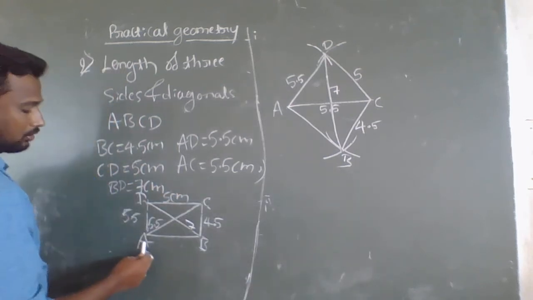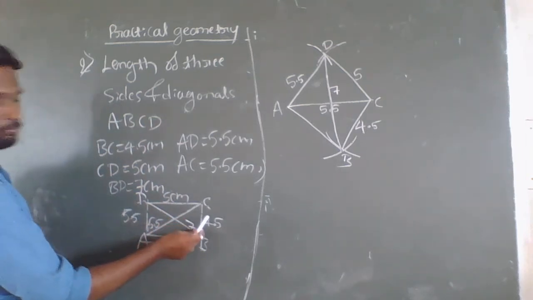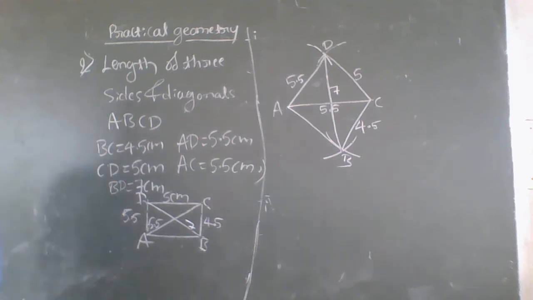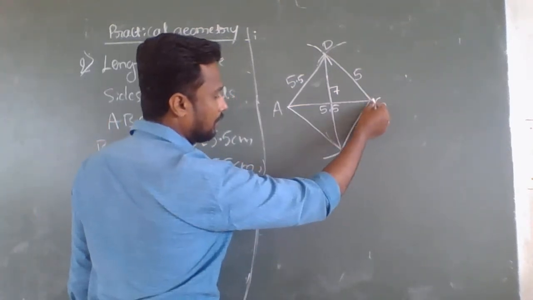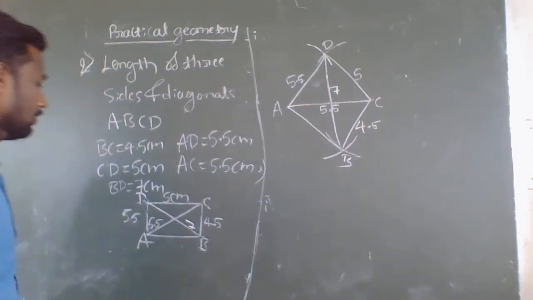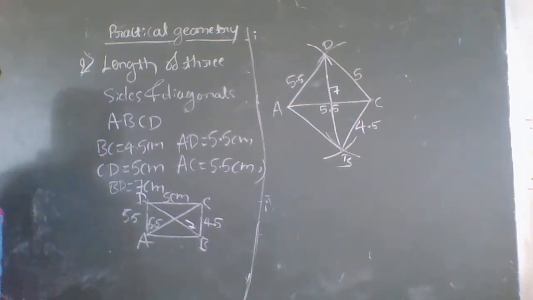They have not given the length of AB, but by using CB or BC, how much are they given? 4.5 centimeters. So you can draw an arc from point C to B, which is 4.5 centimeters, and they have given another diagonal DB, which is 7 centimeters.